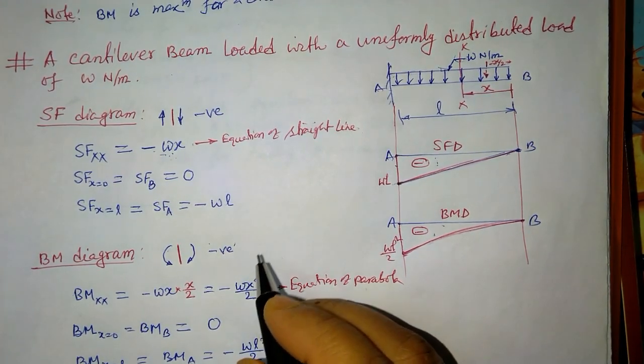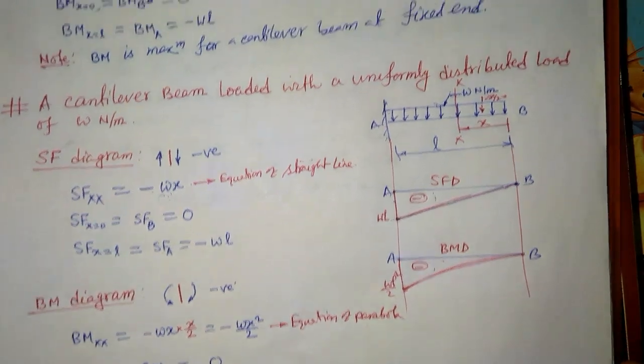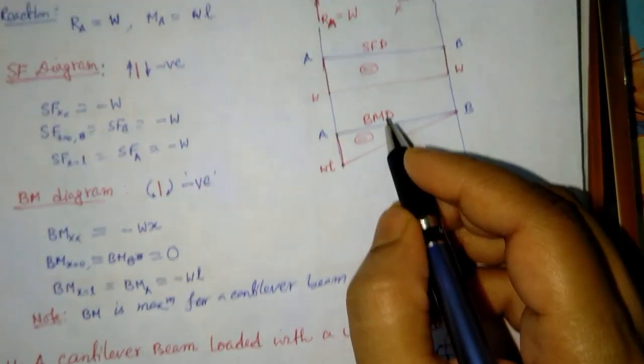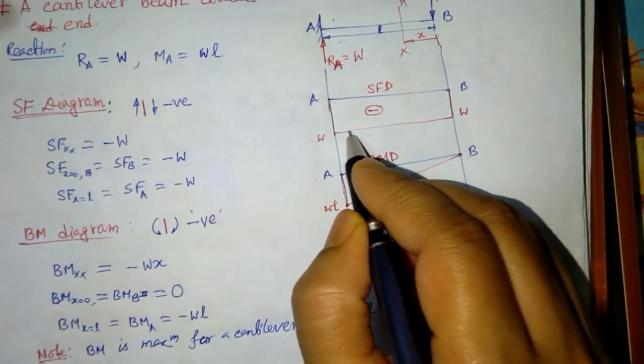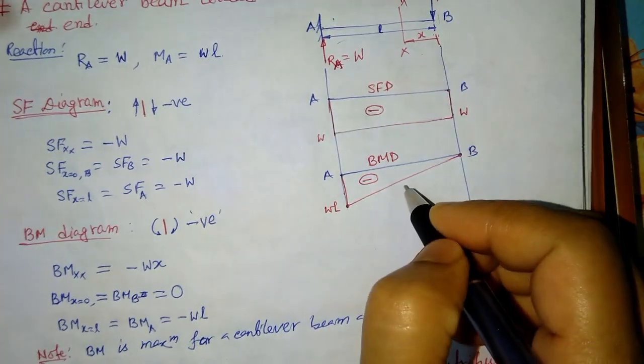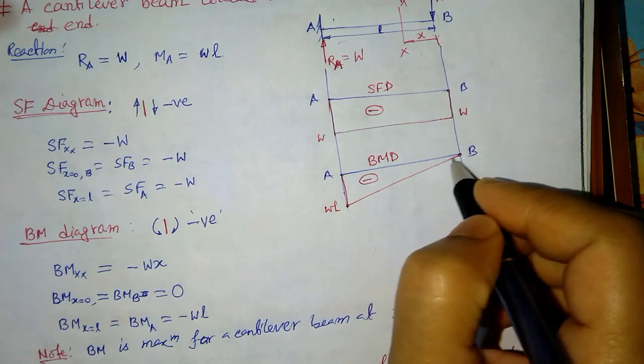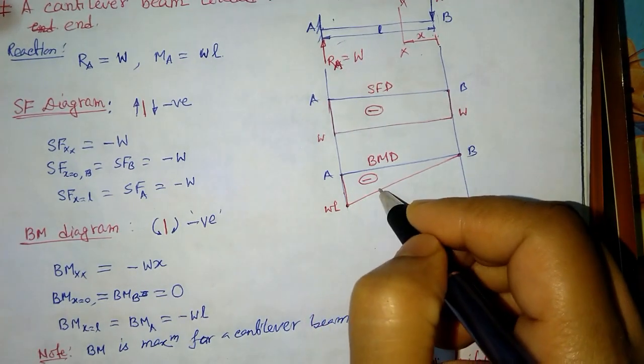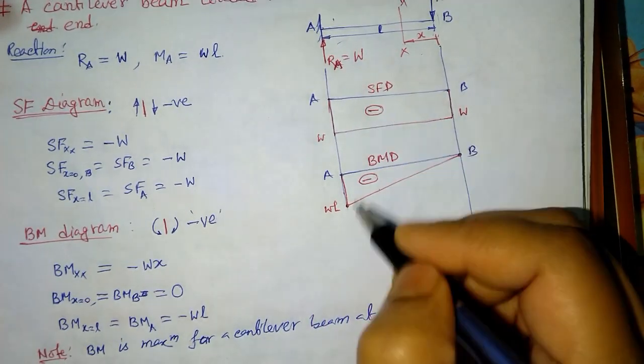So you have to keep it in mind: here also the shear force equation or line is a straight line, and we got the bending moment as an inclined straight line, meaning it is also one order higher than the shear force.